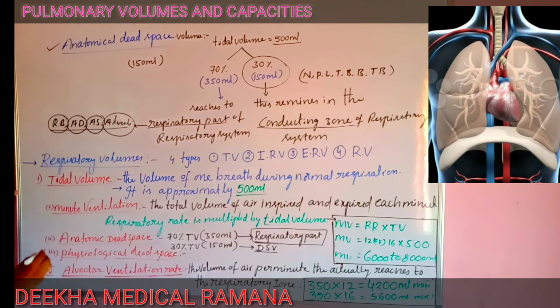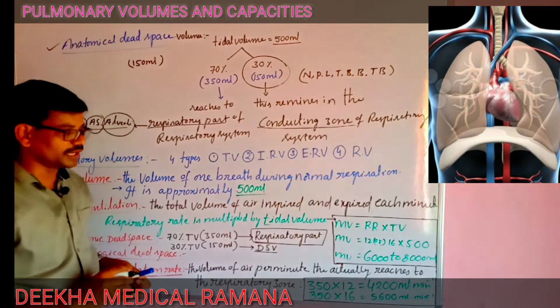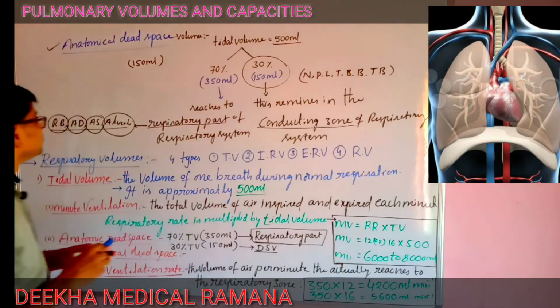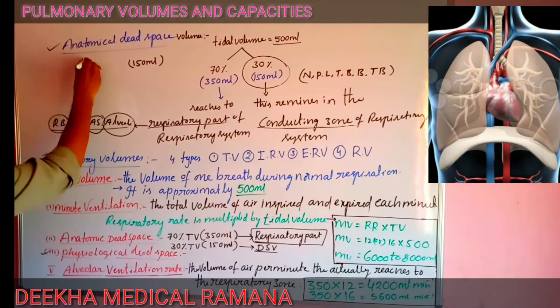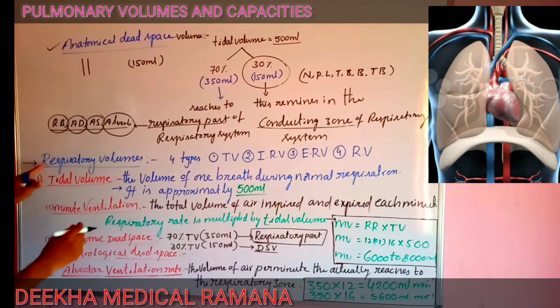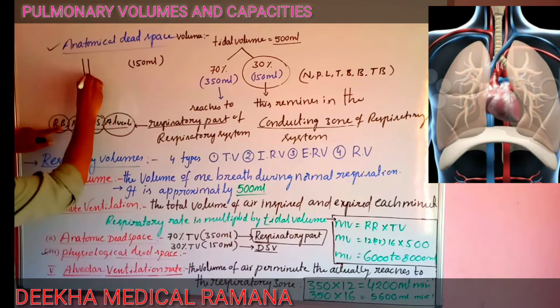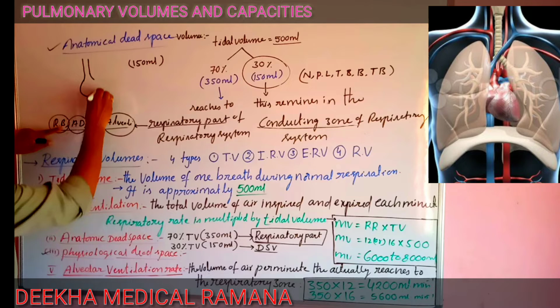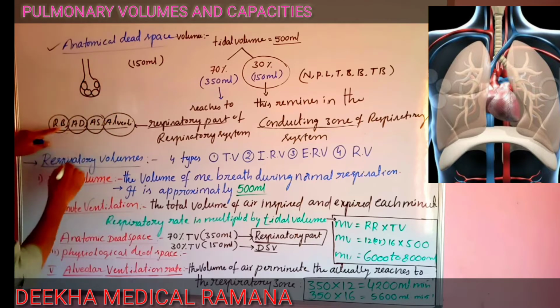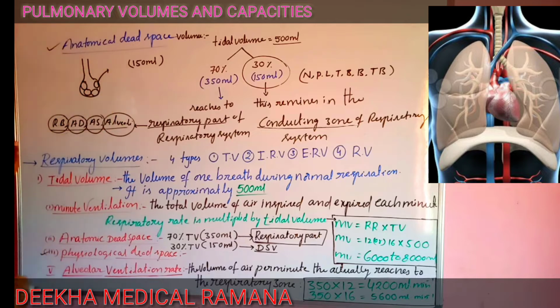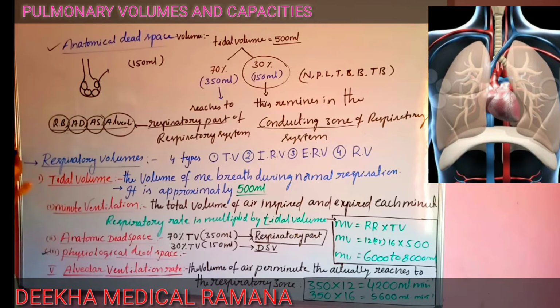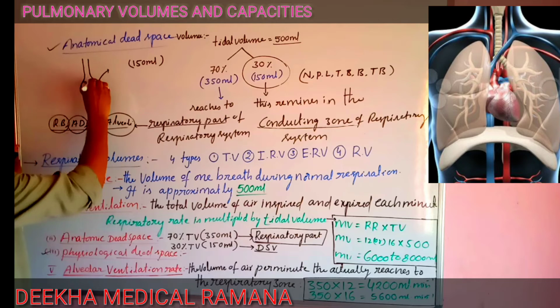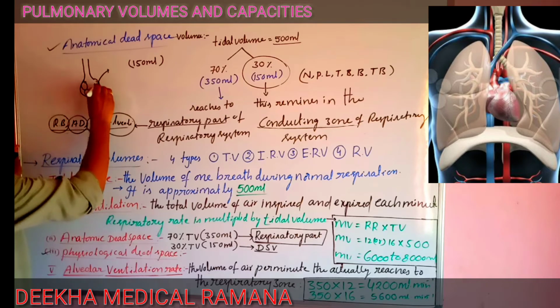And one more important thing we have to talk about is physiological dead space. What is meant by physiological dead space? Some amount of air reaches the respiratory bronchiole, alveolar duct, alveolar sacs and alveoli. Some of the alveoli are non-functional due to damage or fibrosis. Those alveoli are also filled with air, but this air is not involved in the exchange.